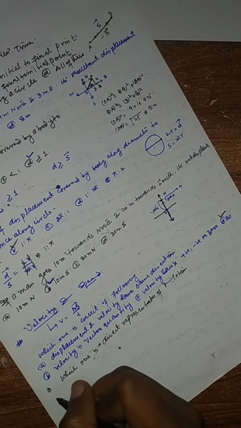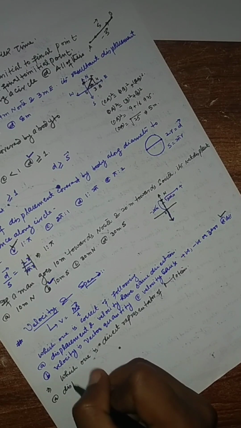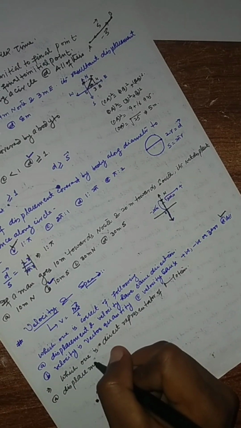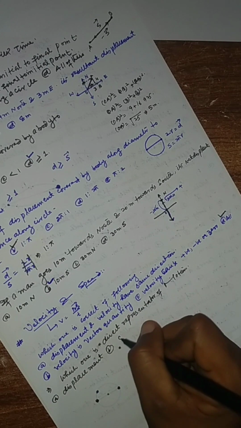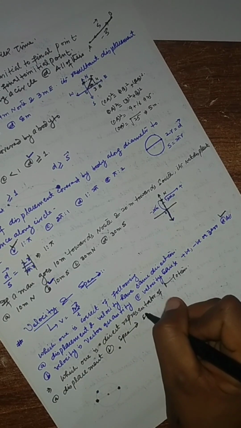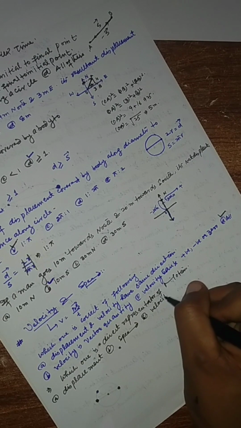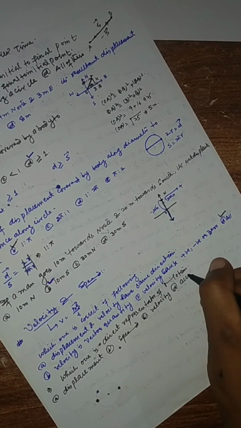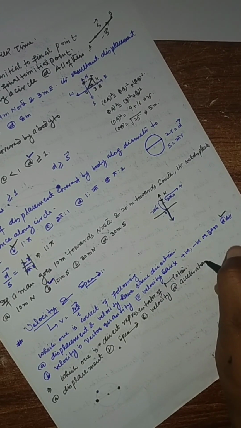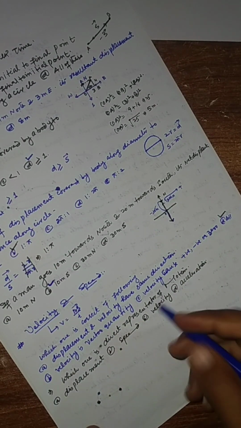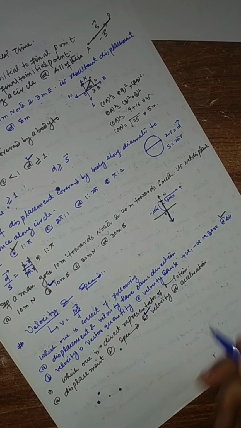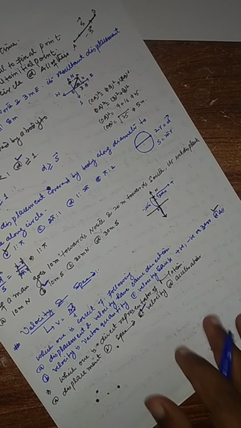Displacement, speed, velocity, or acceleration. Then the direct representator of motion is velocity. Velocity is known as the direct representator of motion, while displacement is considered as a basic representator of motion. Okay.